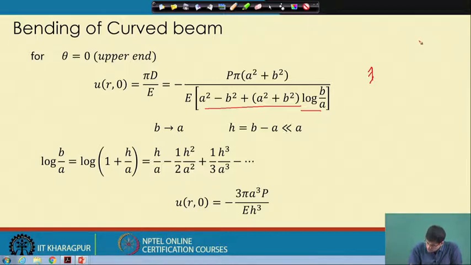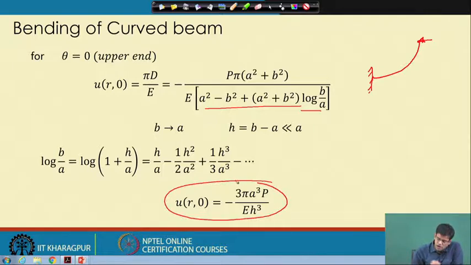So at this point this is the radial line. So here there is a force. Now if you have solved this problem with h equals to 3 pi a cube, where a is the radius of this arc, and 3 pi a cube p into E by h cube.